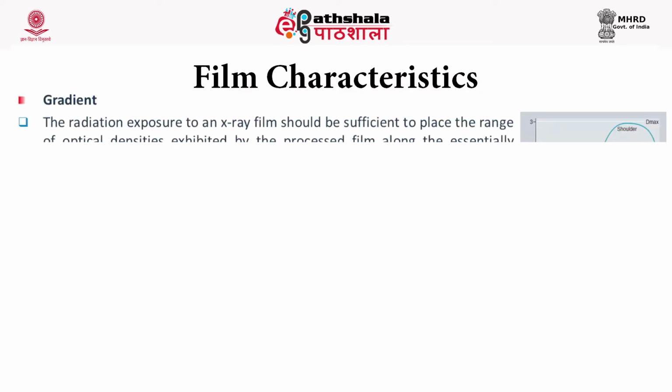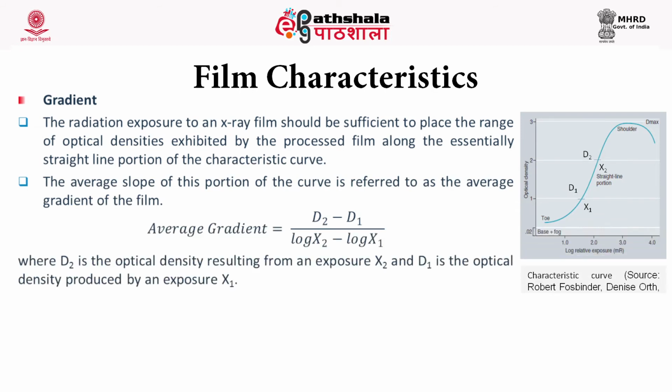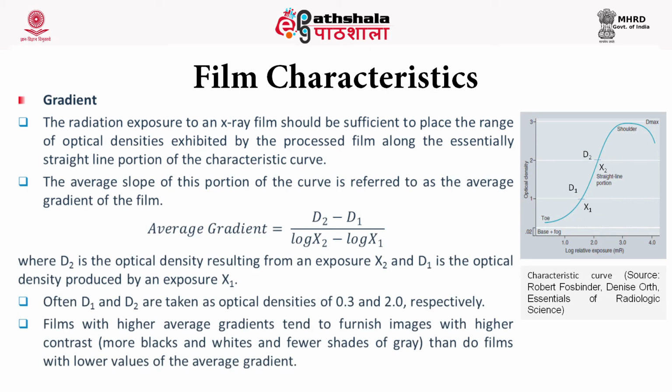The radiation exposure to an X-ray film should be sufficient to place the range of optical densities exhibited by the processed film along the essentially straight line portion of the characteristic curve. The average slope of this portion of the curve is referred to as the average gradient of the film. The formula for the average gradient is the difference in the optical density values at two different values of the exposure.